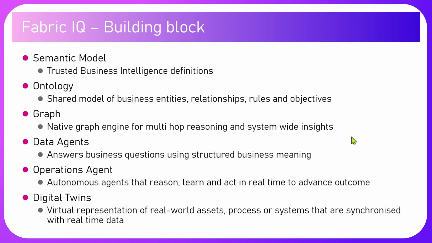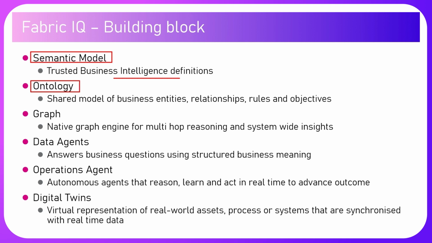These are the different blocks which we have seen: semantic model, ontology, graph, data agents, operations agents, and digital twins. Let's look into each and every option. Semantic model is the core foundation. Basically, it provides the BI definition for your work area.